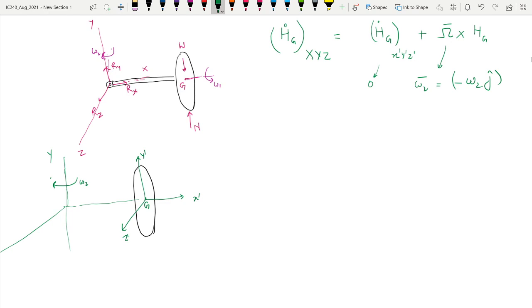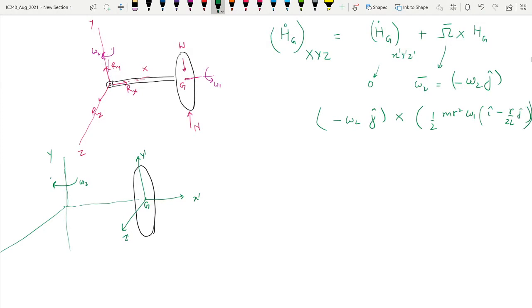Omega 2 we know in terms of omega 1 is r omega 1 by L, and Hg, so let me write it down. So it is minus omega 2 j cap cross product with Hg. Hg was half m r square omega 1 times i cap minus r by 2L j cap.